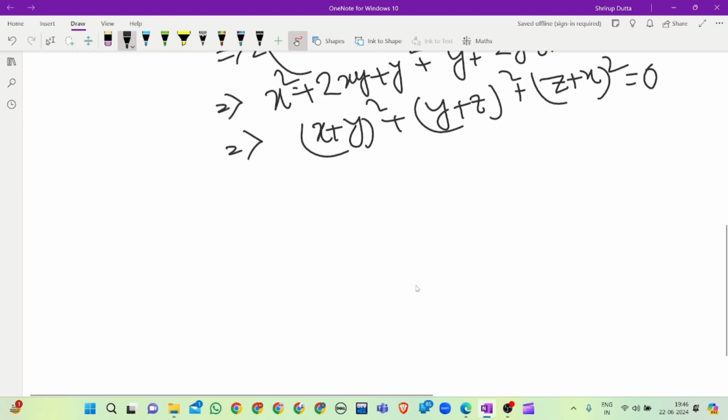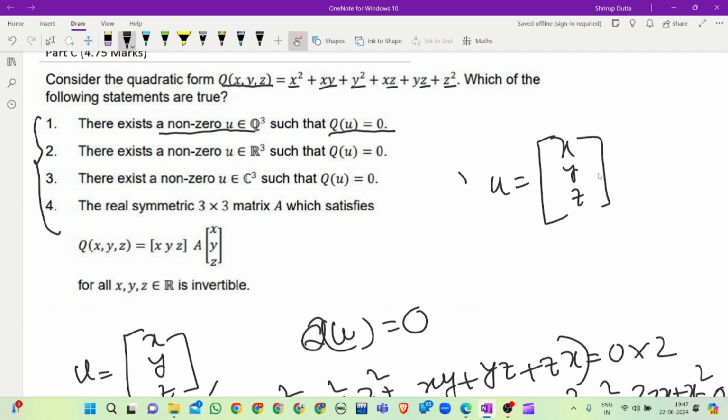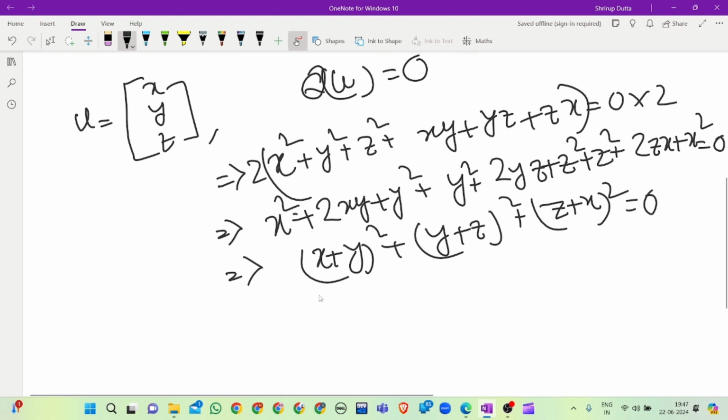Since the vector u has x, y, z individually coming from Q, all are rational, and they satisfy this identity, a sum of squares.